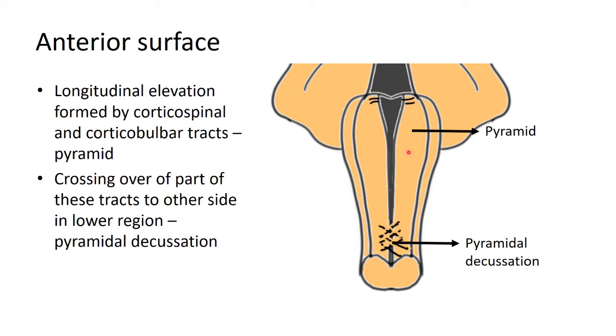The fibers of this pyramid, about 75% of the fibers of this pyramid cross over to the opposite side in the lower part, and this is called the pyramidal decussation.